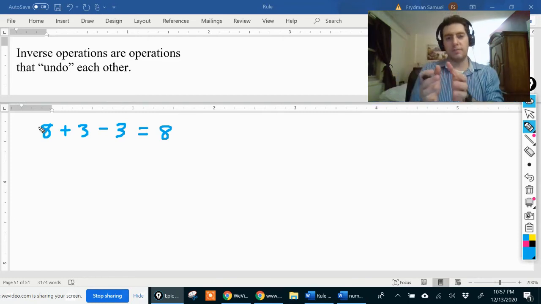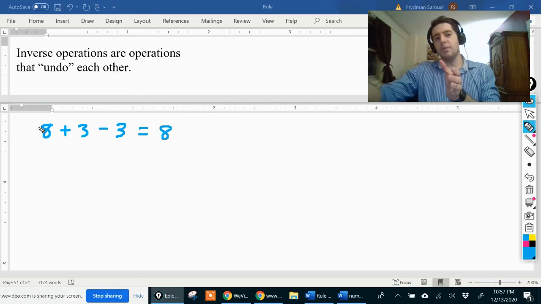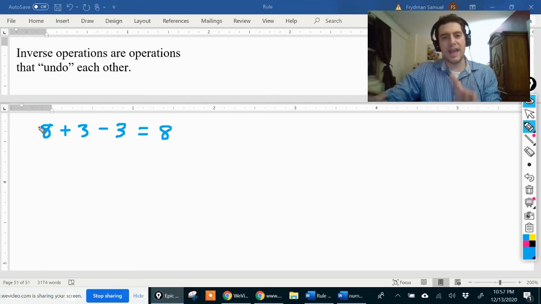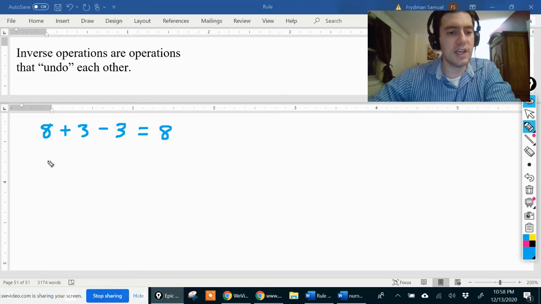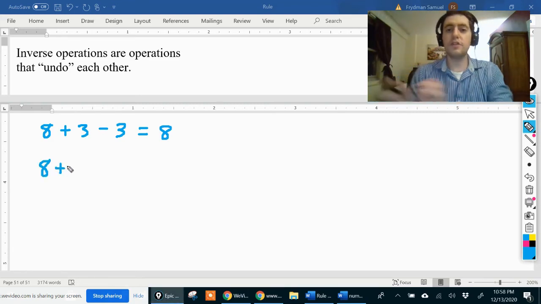If I start with something and then I add a number and then I subtract the same number that I added, then the number that I end up with is going to be the same as the number that I started with. Okay, and just to get you in the habit of looking at this vertically, inverse operations are going to be very important when we start solving equations.